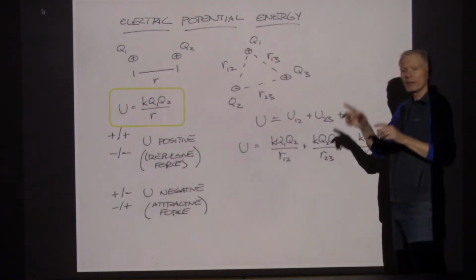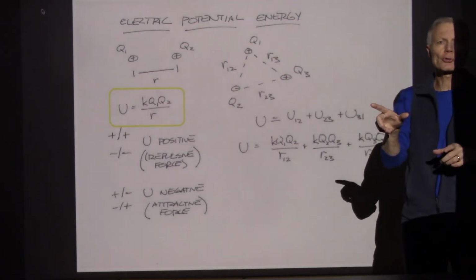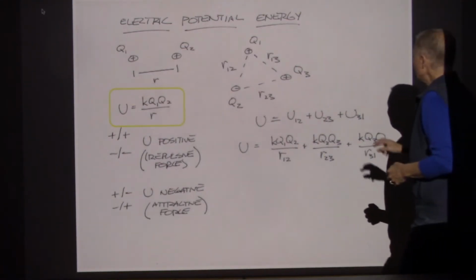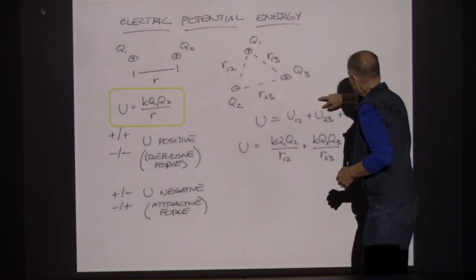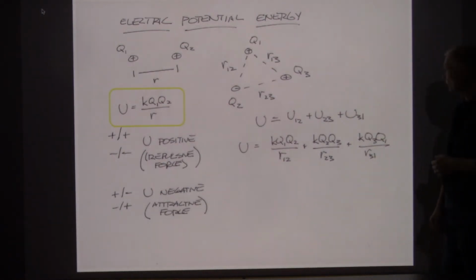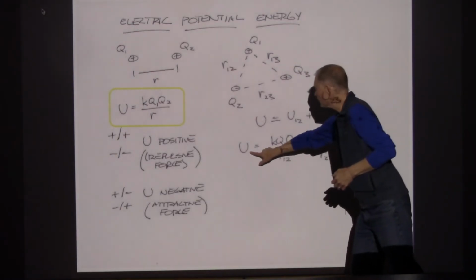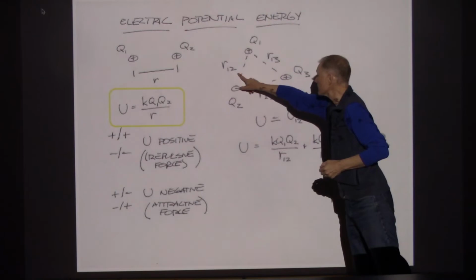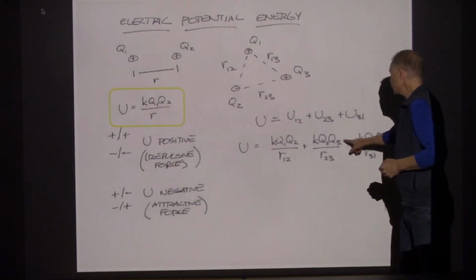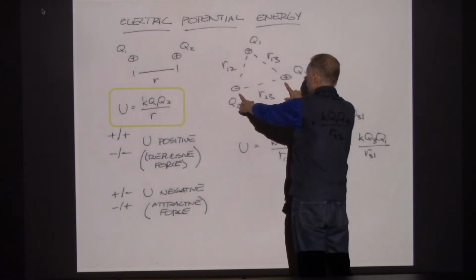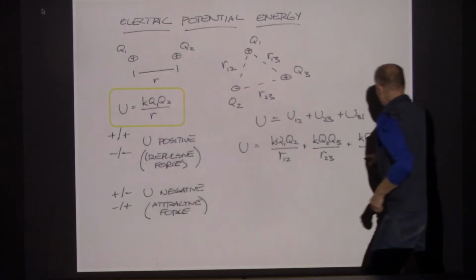We can match up these charges in pairwise combinations, 2 at a time, and every pair we can come up with is going to contribute to the overall potential energy. So the potential energy here would be kq1q2 over whatever that distance is, and then kq2q3 over whatever the distance is between 2 and 3.